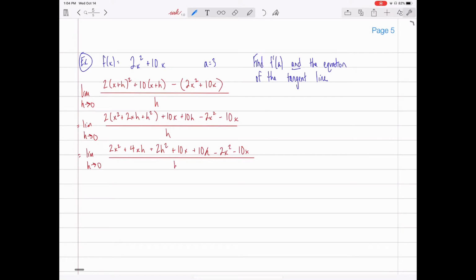So that's over h. And if you look at that, you can now cancel out some things. So we can cancel out this 2x squared. We can cancel out this 10x. And we're left with the rest of that. So normally I would skip a step here and factor out the h between those two. But what I'm going to do is do that as a separate step, just for clarity.